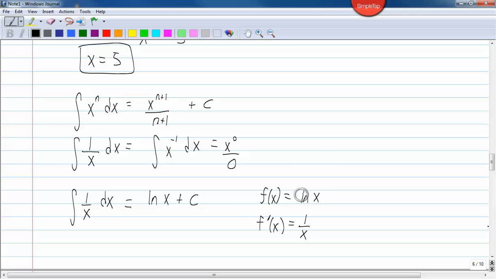The derivative of natural log of x is equal to 1 over x. So that means that, let's say that I had y equals the natural log of u. So the derivative of the natural log of u is going to be equal to 1 over u times the derivative of u. And that's where we will pick up next time.